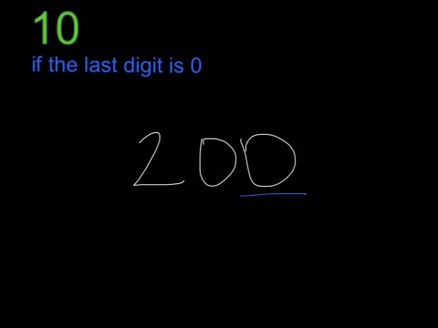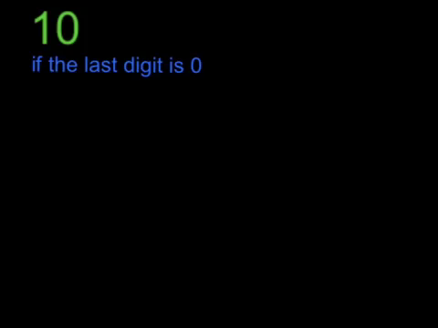The last digit is 0. So yes, 200 is divisible by 10. Let's try another example. 371. Is 371 divisible by 10? Well, let's look at the last digit. The last digit is 1, so no, 371 is not divisible by 10.